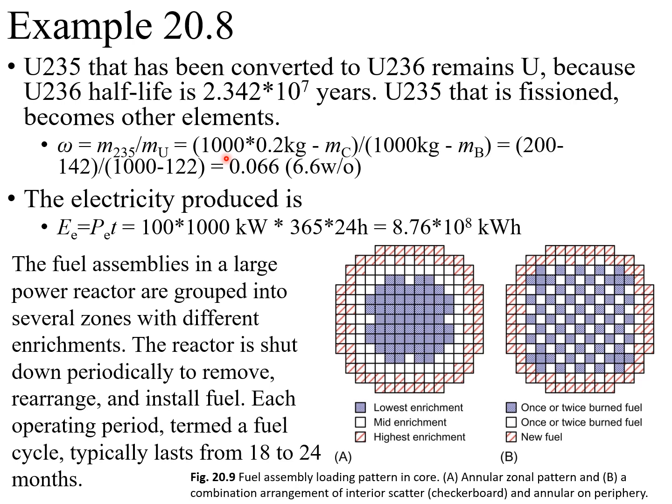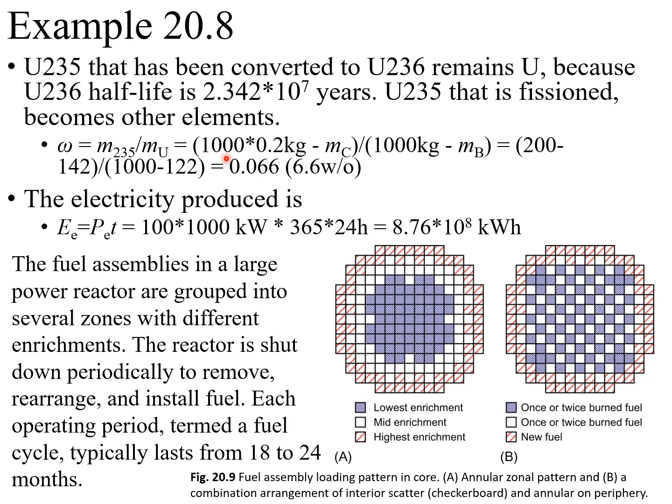If the fuel became anything else, we remove it from the fuel content. So the total remaining fuel mass will be the initial fuel mass, that is 1,000 times 20%, minus the MC. MC was previously calculated, over the total amount of the uranium left inside the core.